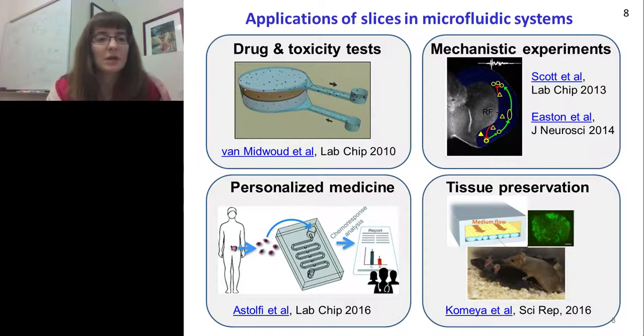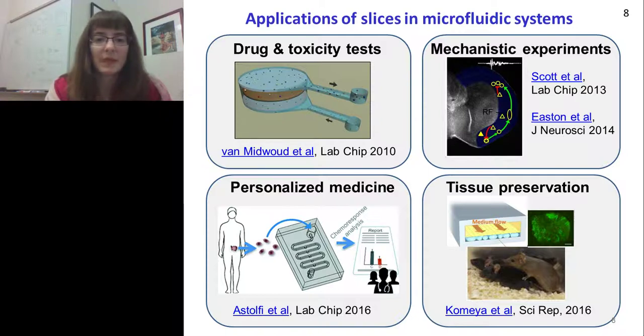We see some drug and toxicity testing in the upper left that came out of Sebastian Verporte's group in the Netherlands back in 2010, where they actually connected multiple types of organs together. I believe it was liver and gut in order to look at metabolic changes in response to drugs.